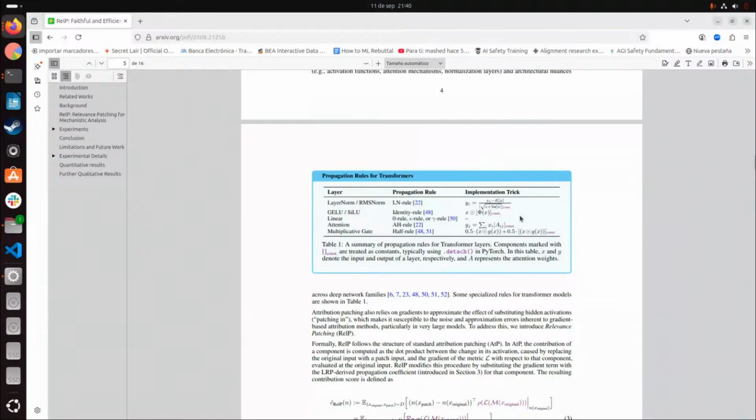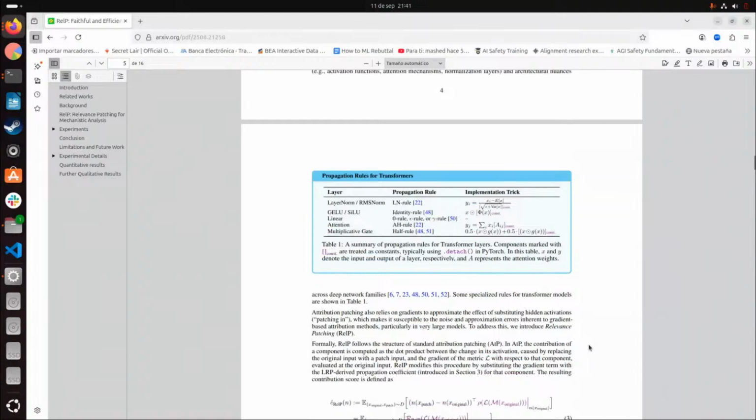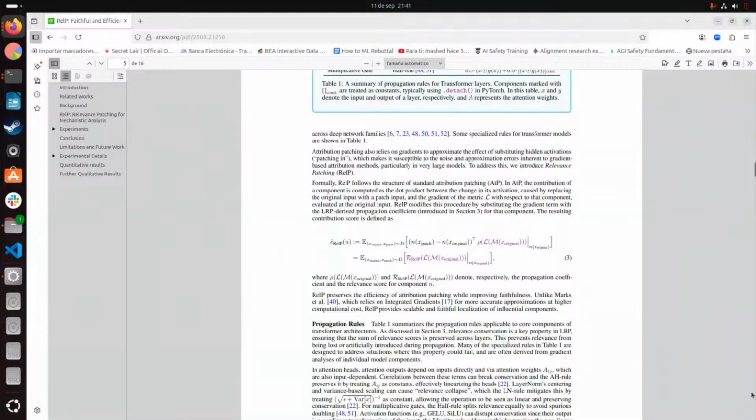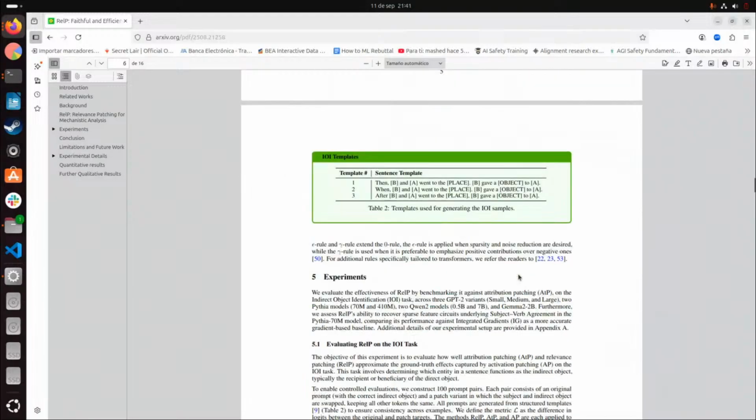There seem to be some simple things that probably make some theoretical sense for each layer. And it has some explanations, but I don't think it's super interesting to go into that unless someone wants to actually build on this work and try to come up with rules for some other model. If you want to do that, you should probably read this paper again and all of the previous work.